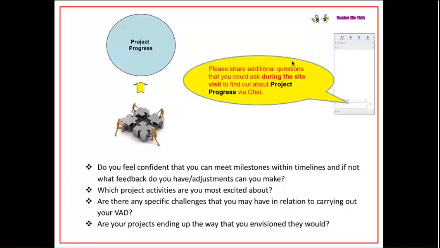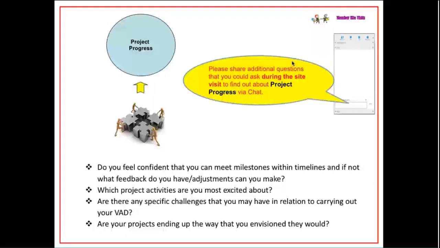Are there any other questions that come to your mind at this point that you could ask about the project progress while you are at the site with your member? It could be with the supervisor or other parties, not only the member, but the member's supervisor as well.